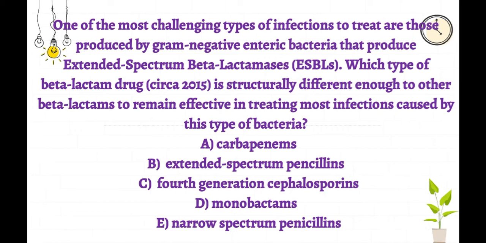Option A carbapenems, option B extended spectrum penicillins, option C fourth generation cephalosporins, option D monobactams, and E narrow spectrum penicillins. Answer of this question is option A, carbapenems.